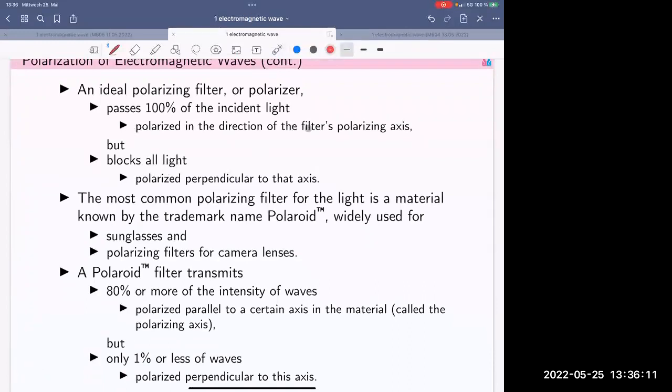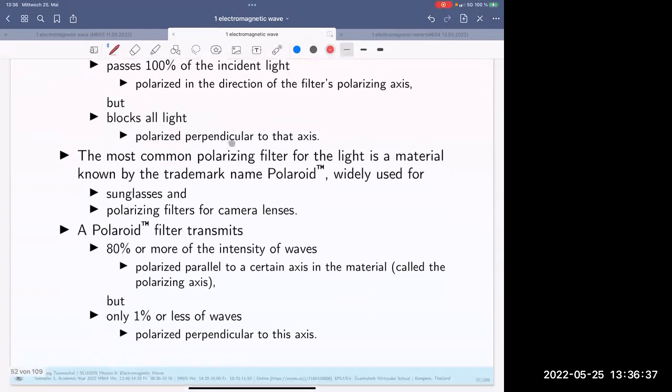So it will allow every light that has the vertical polarizing axis. But when the light has horizontal polarization, it will not be able to penetrate this filter or polarizer.